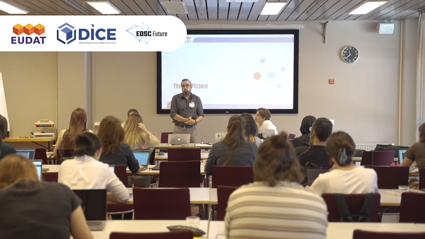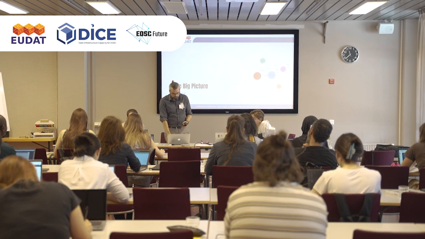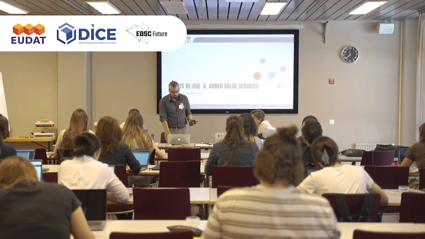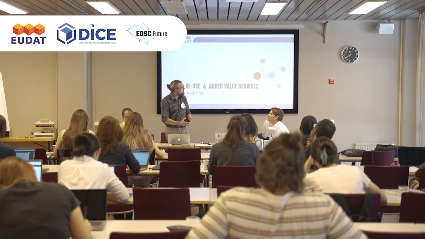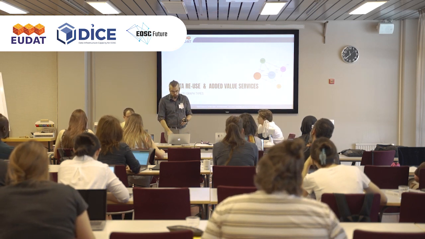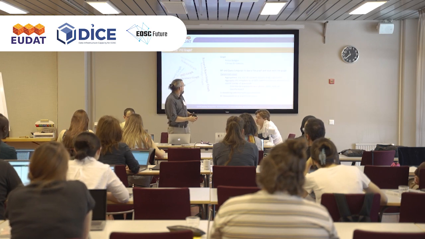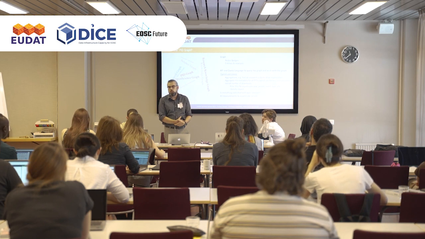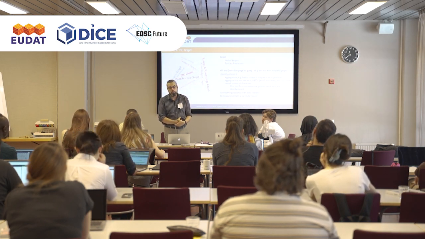Coming to the big picture, how to bring everything together. I will show some examples of how the data in the PIDs can be used and what kind of extra services can be set up with the help of persistent identifiers. A buzzword in this context is the persistent identifier graph, or PID graph.